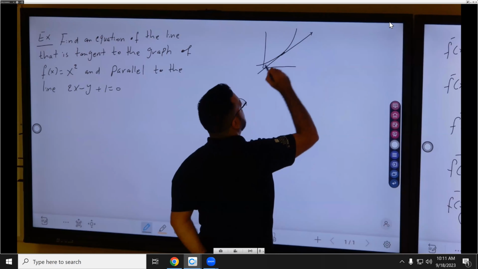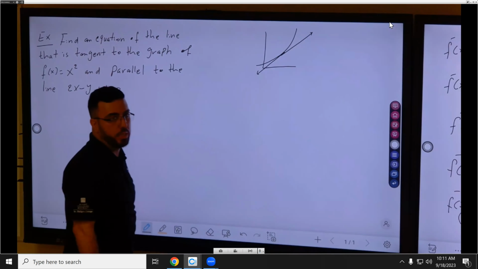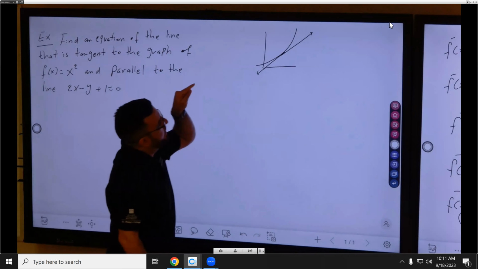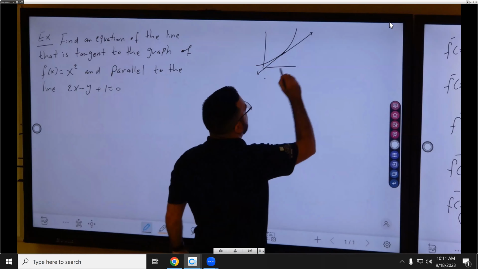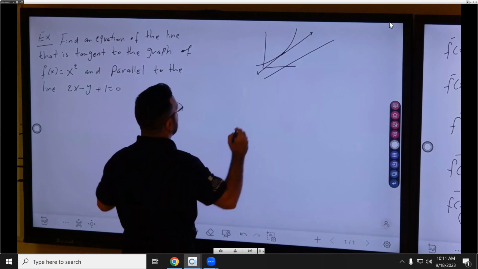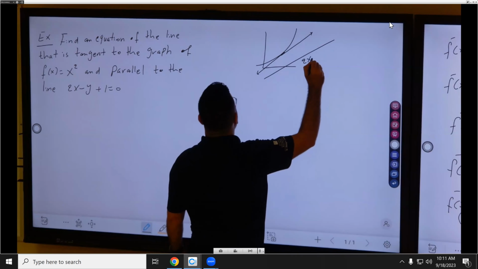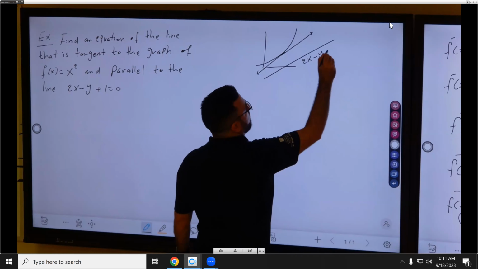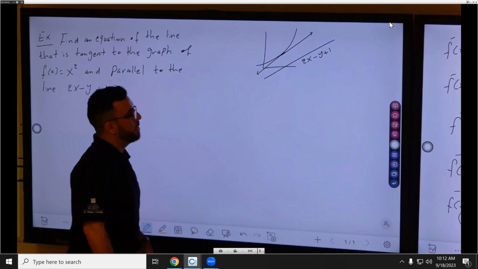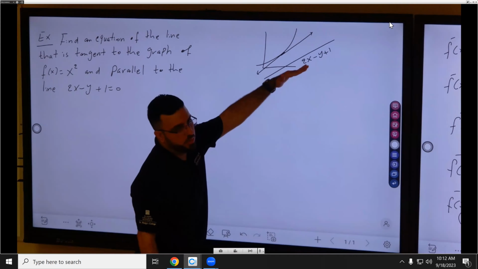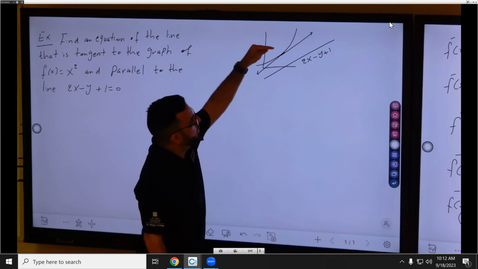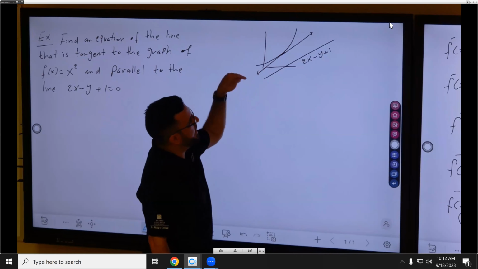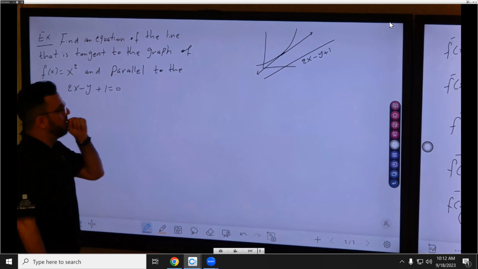This is the tangent line, okay? That's what we need to find. But this line is parallel to which line? To the line 2x minus y plus 1. This line is parallel to this line, okay? You see the tangent line here to the graph? That's our goal.